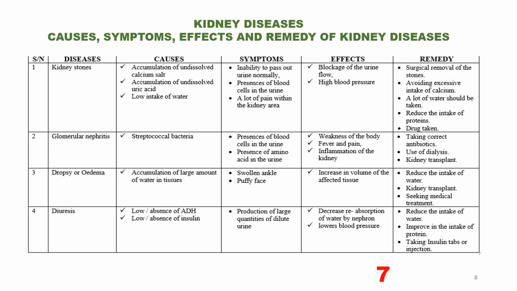So we are going to study 4 diseases of the kidney under this table. The first disease is what we call kidney stones. What are the causes of kidney stones? Accumulation of undissolved calcium salt, accumulation of undissolved uric acid, low intake of water.